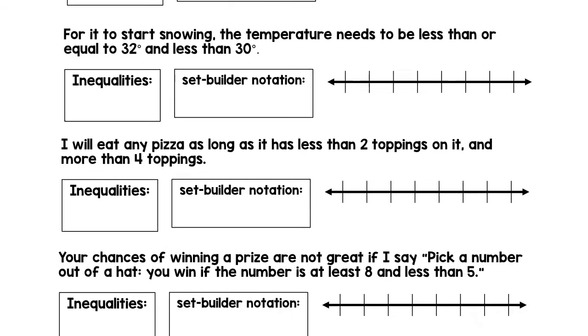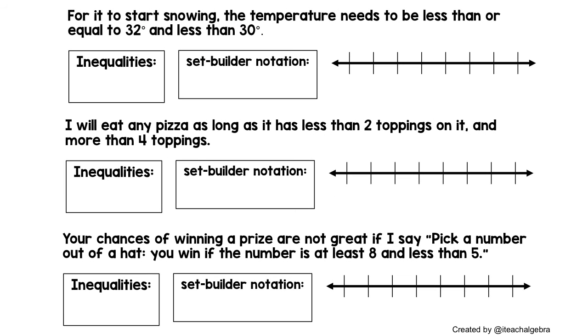Few more. For it to start snowing, the temperature needs to be less than or equal to 32, and less than 30. Well, the only numbers less than 30 and less than 32 are less than 30. So that's the only solution we can graph, and that's the only thing that goes in our set builder notation.